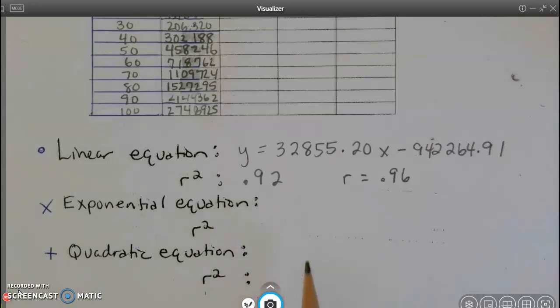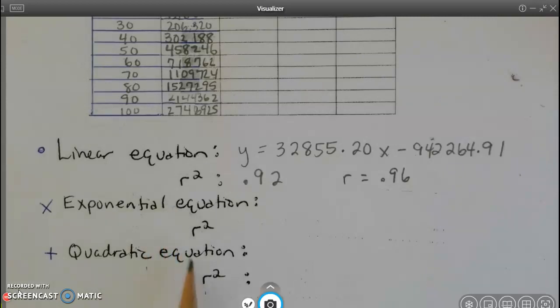I need you to try and do this part on your own. You know how to do that. Again, Stat and Calc, exponential regression, and you'll get your equation. Let's round to 2 decimal places. Stat and Calc, quadratic regression, and you will again round to 2 decimal places for everything.